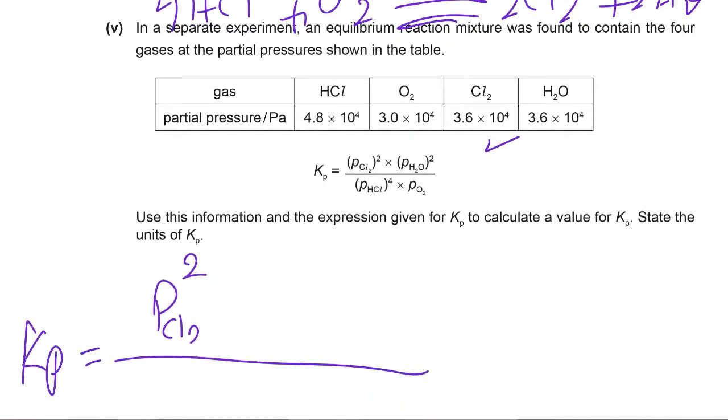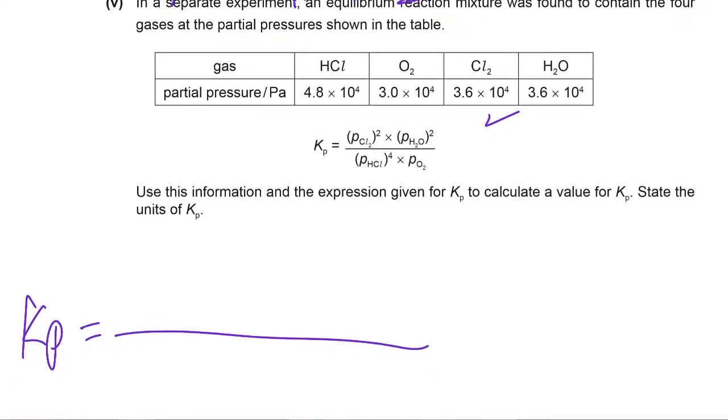So this is already given here. You just need to square this number, times the square of the partial pressure of H2O, and for HCl it's to the power 4.